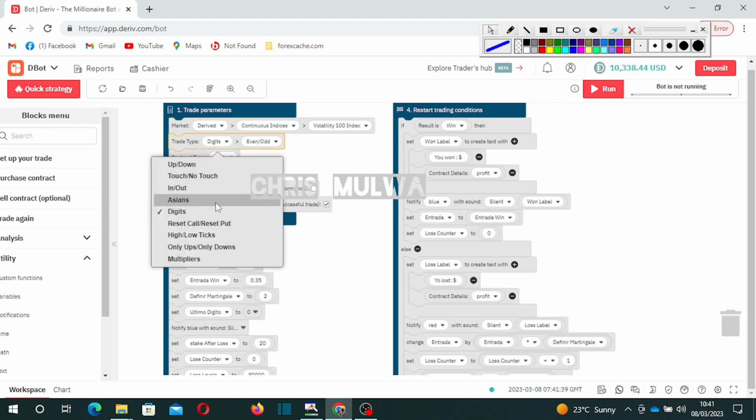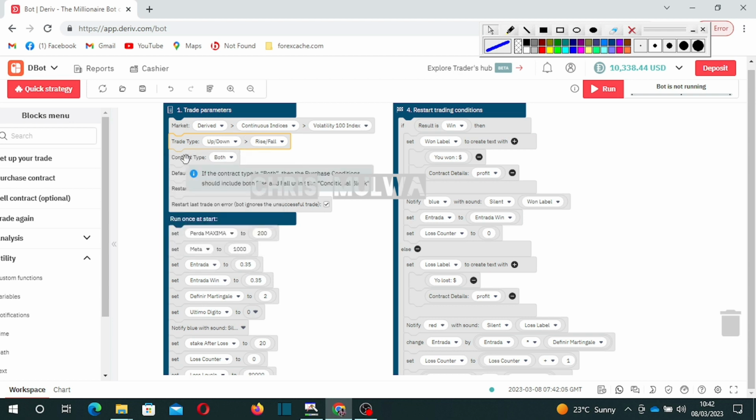So I'm checking digital. Today I want to use the touch and no touch option. Should we check on that? This bot is designed first for the digits. I lost touch on up and down. Yeah, it is up and down, touch. Then here you should choose the rise.